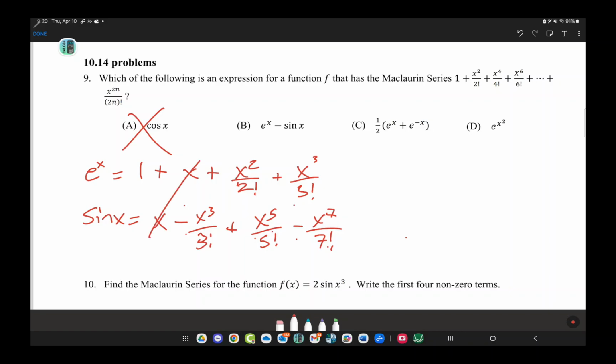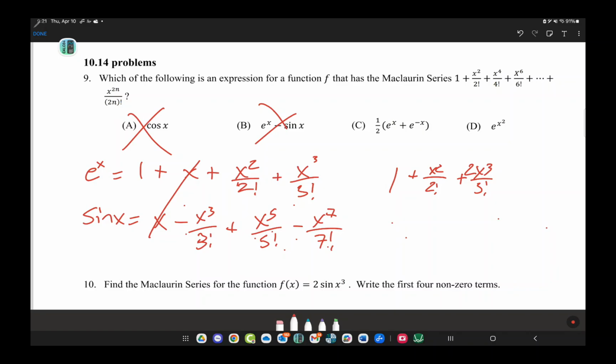I have 1 plus x squared over 2 factorial, but if I subtract a negative x cubed over 3 factorial, I have a plus x cubed over 3 factorial. Do I have that? 1 minus negative 1 would be plus 2. Yeah, so it can't be b either.